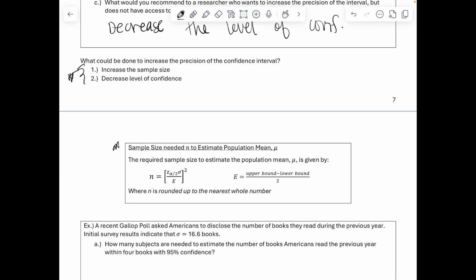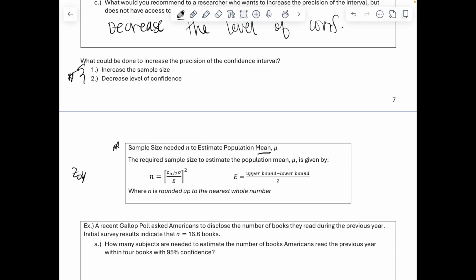On the next page, we have some more formulas. This is for sample size needed to estimate the population mean. So the required sample size to estimate the population mean, mu, is given by, and you'll notice that we have an n formula here. The n formula is going to be z alpha over 2 times sigma divided by E, all squared.